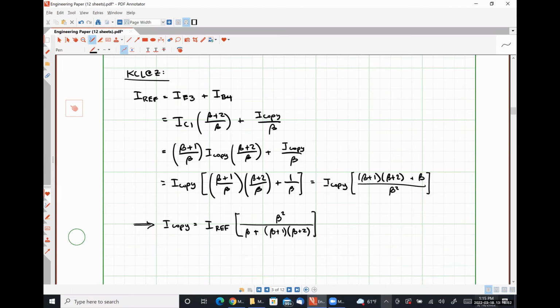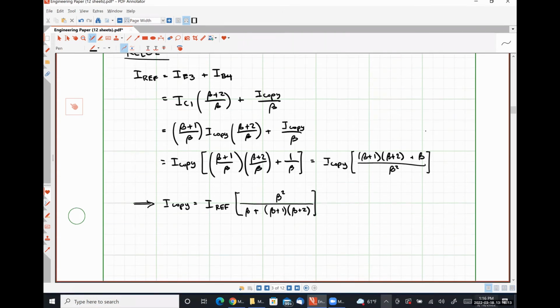So we have a copy current that is going to be slightly smaller than our reference current, right? Seems to have a pretty strong beta dependency here.